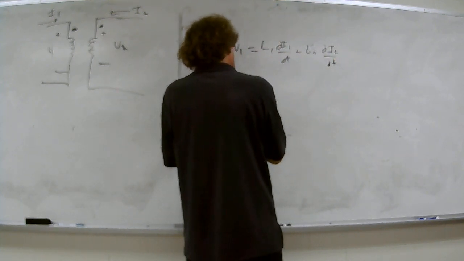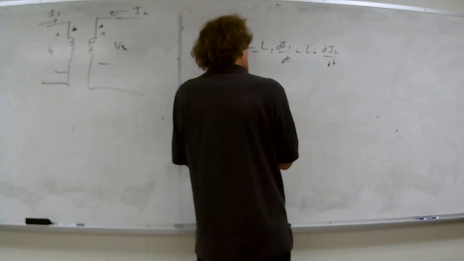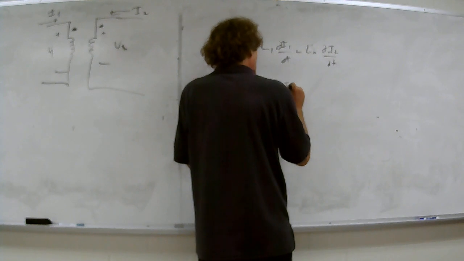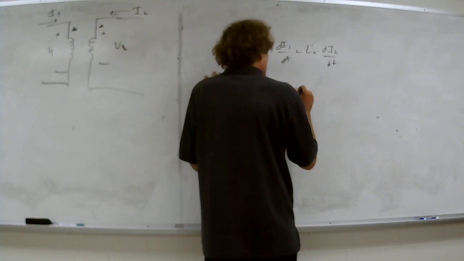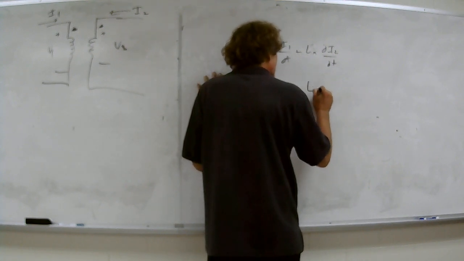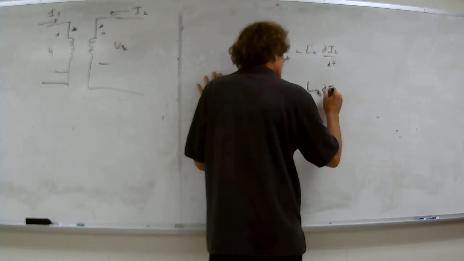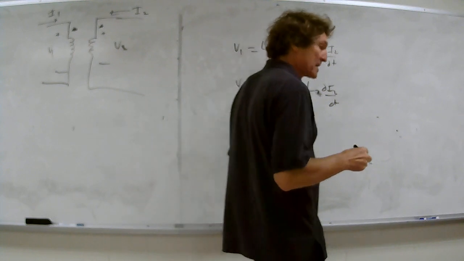And V2 would be equal to the mutual Lm times dI1/dt plus the actual self-inductance of the second circuit, L2 times dI2/dt. That's what it technically means.